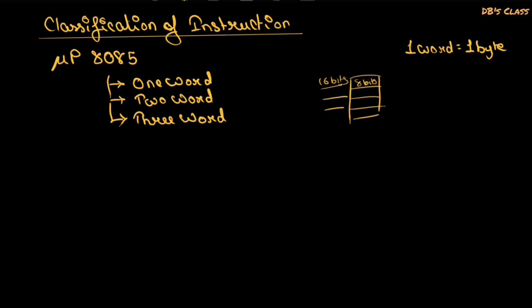Now come back to one word, two word and three word instructions. When we want to refer to a memory address, we usually consider a 3 word or 3 byte instruction. Say for example JMP 2050H. This JMP is an opcode that will take 1 byte.